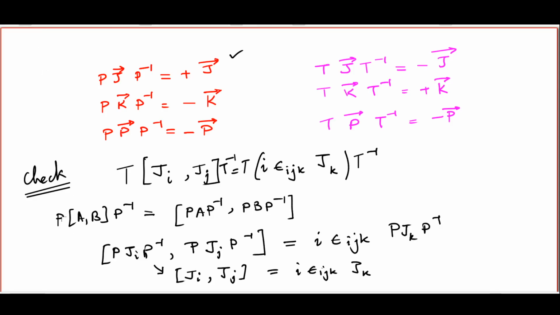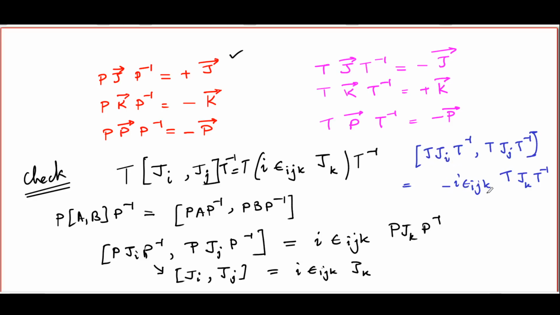Now, carrying out the same steps as before, what I would get is the commutator of T Ji T inverse with T Jj T inverse is i epsilon ijk with a minus sign. Remember, T is anti-linear, so i coming out of that would change the sign of i. T Jk T inverse.